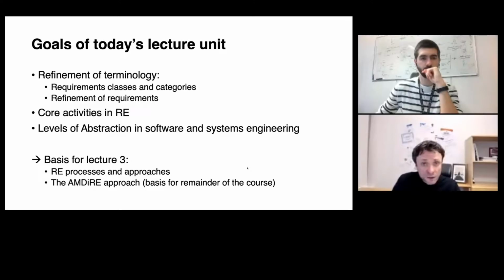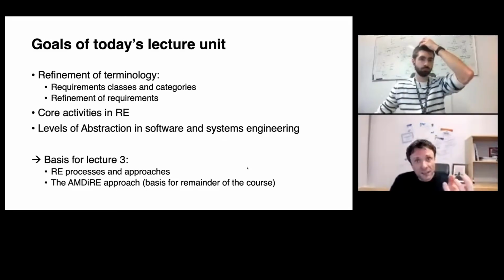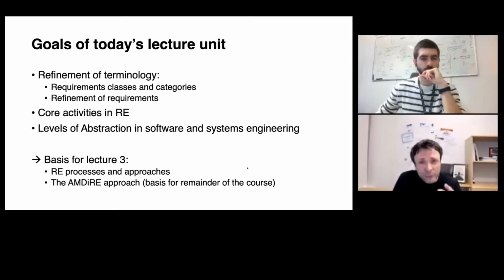Now, what are the goals for today? We will be refining the terminology a little bit further, and we'll be discussing different requirements classes and categories, and how these requirements are refined and how we can classify them, sometimes only by refining them. We will very briefly discuss the core activities in requirements engineering, and then largely focus on the levels of abstraction in software and systems engineering, but of course with a particular focus on requirements engineering.